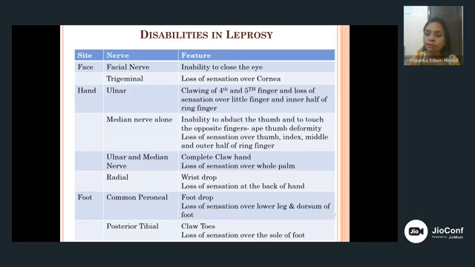The thumb is like this only. The patient will not be able to abduct and oppose the thumb, and there will be loss of sensation over the thumb, index and middle finger and outer half of the ring finger. And commonly both the nerves, ulnar and median, are affected. If both the nerves are affected, then we get complete claw hand and loss of sensation over the whole of the palm.